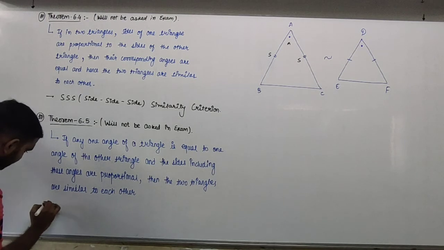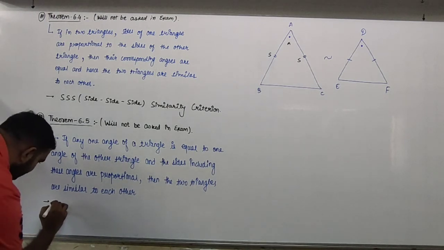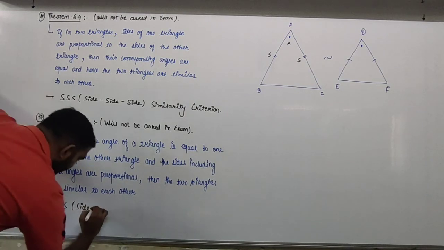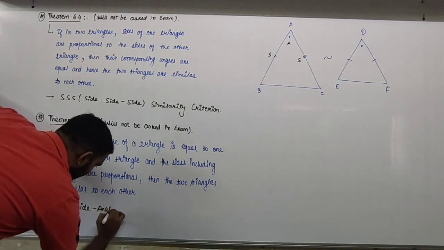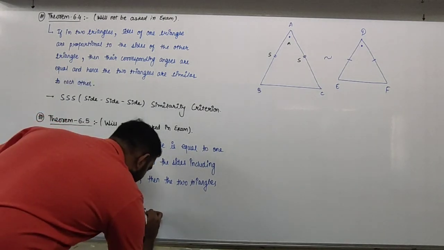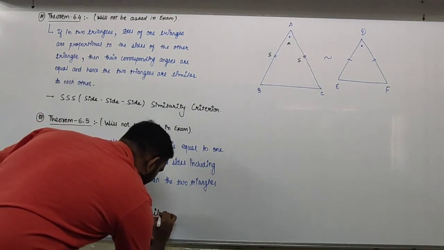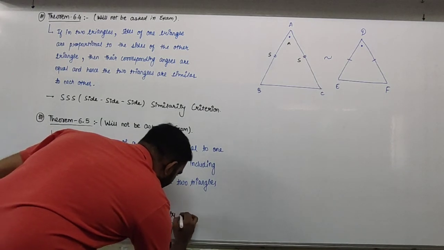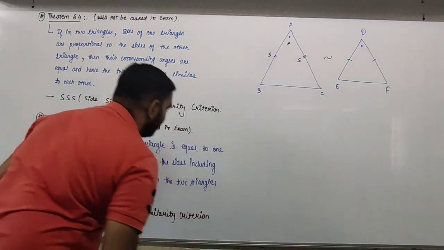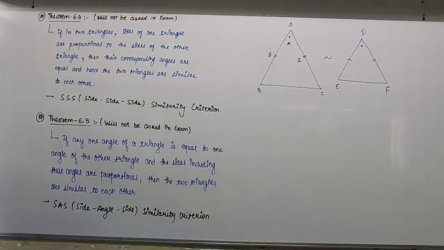So this theorem number 6.5 is known as the SAS, that is side, angle, side, similarity criterion for the two triangles.